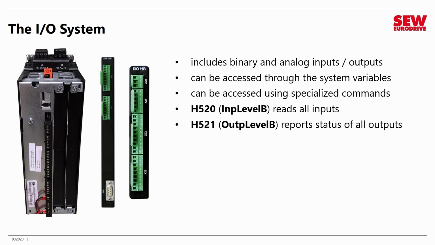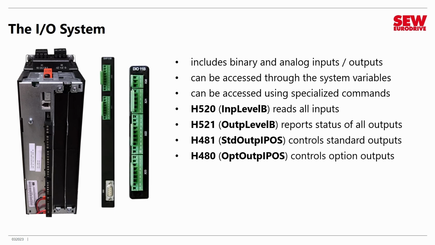It tells you what their current state is. Are they on or off? H481, standard OUT P IPOS, allows you to control the standard outputs. Those are the ones built into the VFD. H480, OPT OUT P IPOS, controls the ones on any option cards. So those are in separate variables.